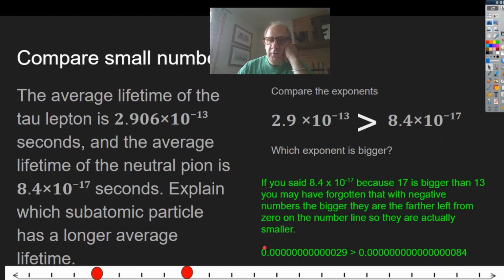We can take a look. Here's the 13 decimals, here's the 17 decimals. So obviously 17 decimals is smaller. If we look on our number line, every number to the right is bigger, right? 0 is bigger than negative 1, is bigger than negative 2, etc. So negative 13 is bigger than negative 17.